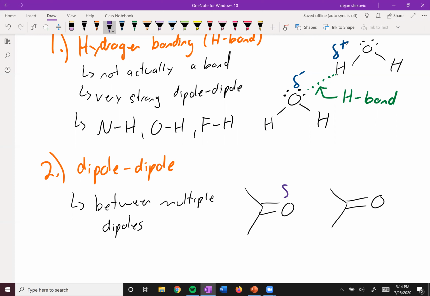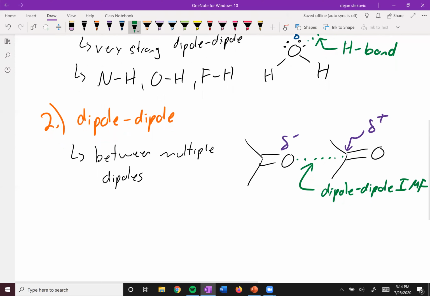The oxygen, being more electronegative, is going to be partially negative. This carbon right here is going to be partially positive because the electrons are getting pulled away from it by that oxygen. And so there's this positive negative attraction right there. And so that's your dipole-dipole intermolecular force.